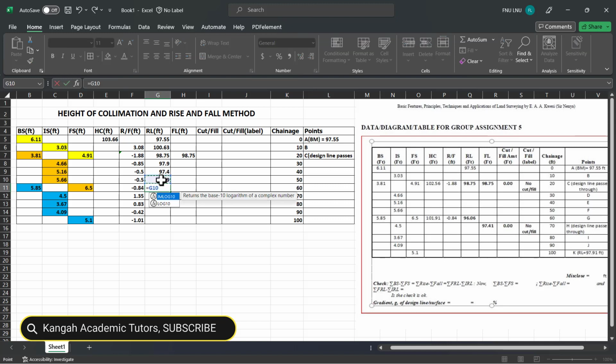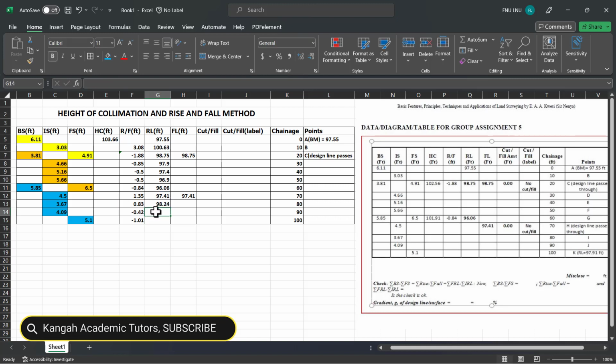I'll take this one plus this one. Here too will be 96.06 plus 1.35. Then here too, 97.45 plus 0.83.